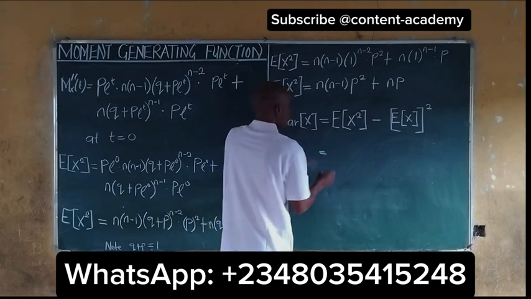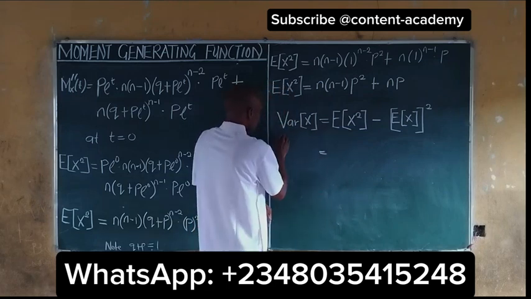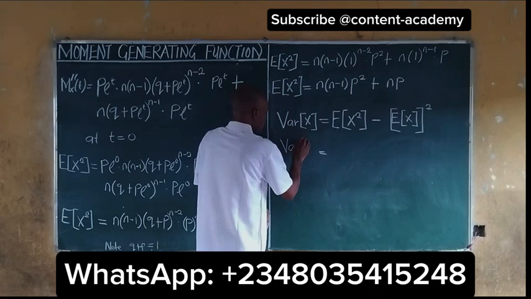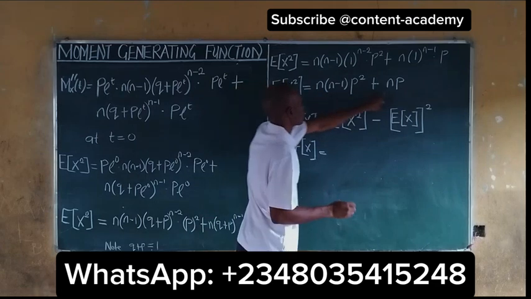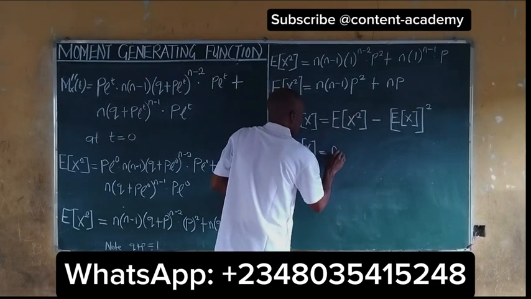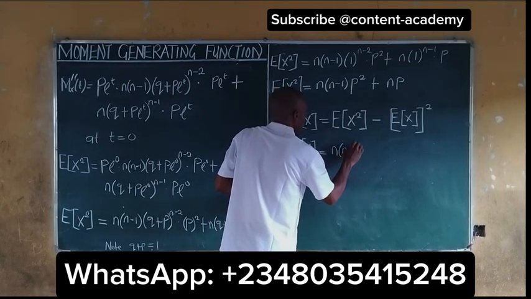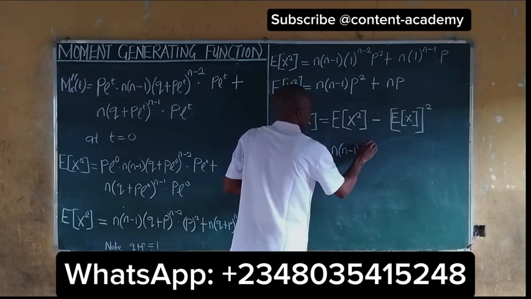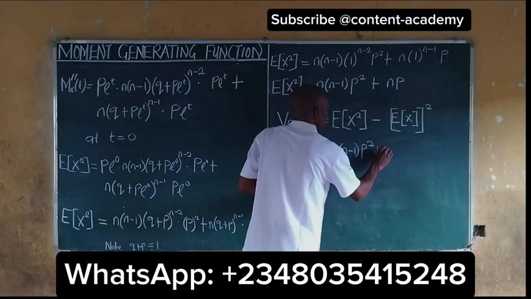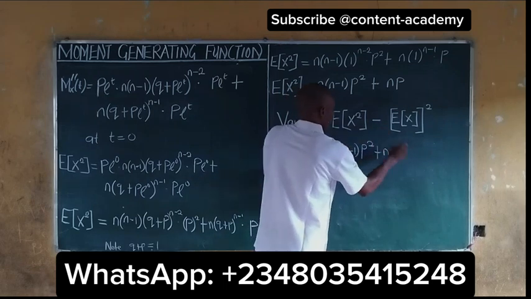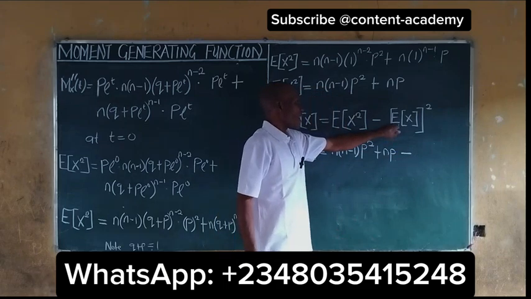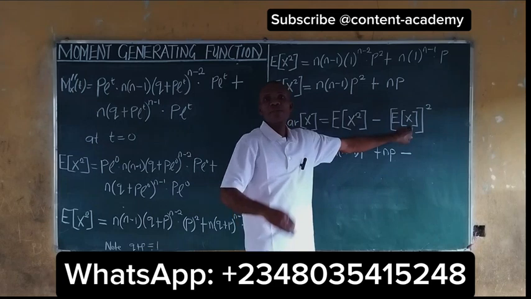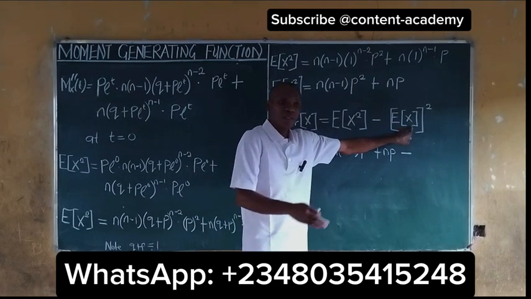It then means that our variance of x is equal to the whole of this, which is n into n minus 1 p squared plus np minus, of course, our expected value of x, which is np.